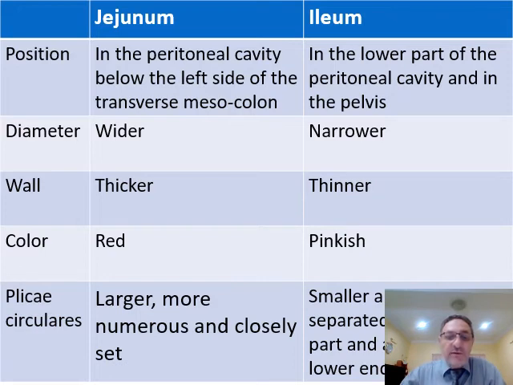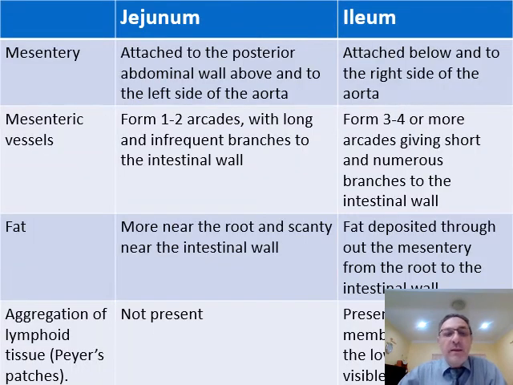Plica circularis are larger, more numerous and closely set in the jejunum, smaller, less numerous and separated in the ileum, and absent in the lower end of the ileum. The mesentery is attached to the posterior abdominal wall; in the case of ileum, it is attached below and to the right side of the aorta.